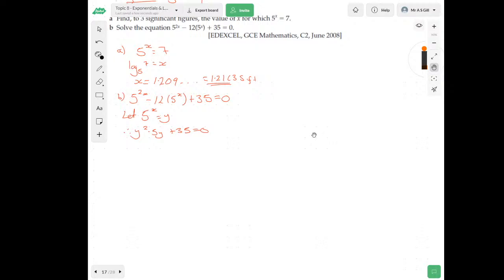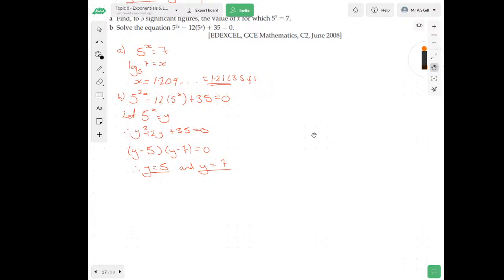So we can get our values for y. So this should be 12 in here, my apologies. So we get our two values for y here.